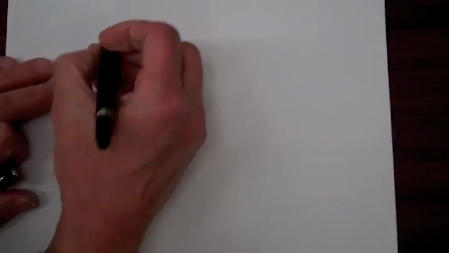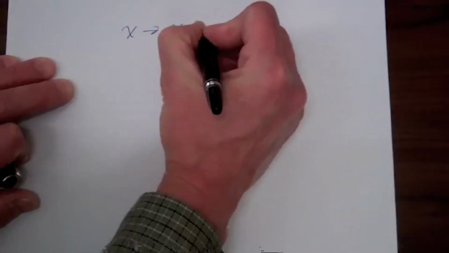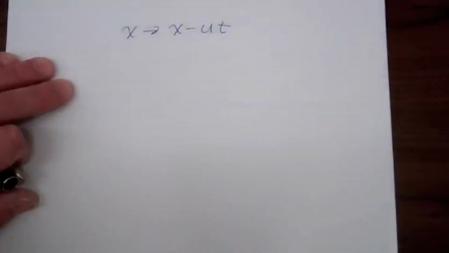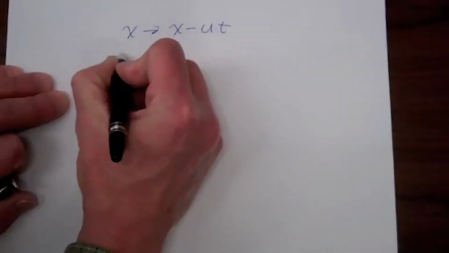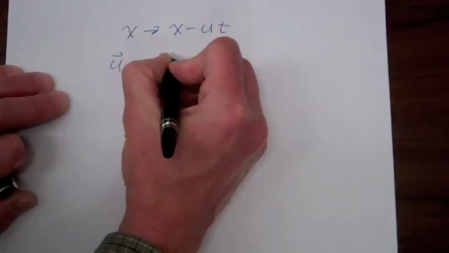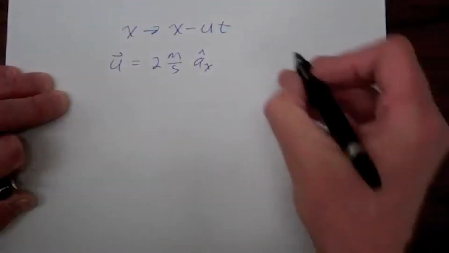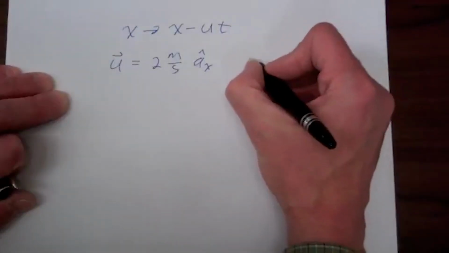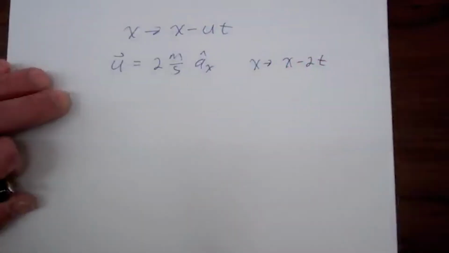What we have to do is replace x with x minus the velocity times time. Let's say we want the velocity to be 2 meters per second in the x direction. So for x, we're going to substitute x minus 2t.